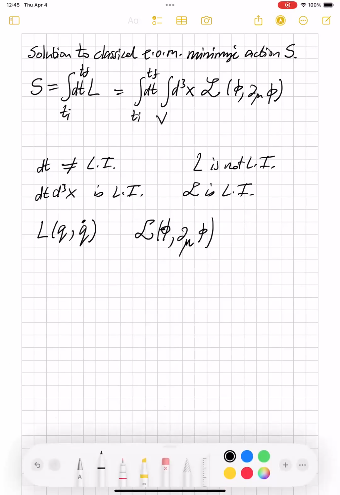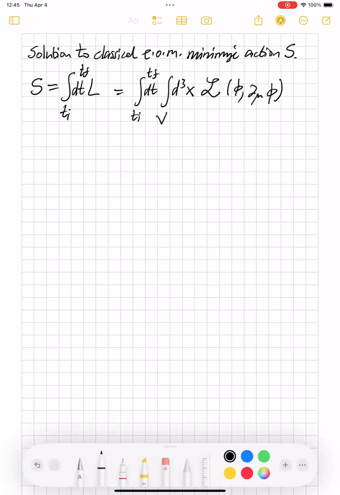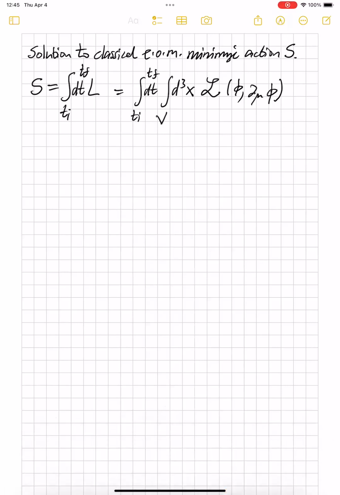Good. Okay, so now what do we do? Well, we are going to vary the field, and we're going to set the variation to 0. And the requirement that the variation of the action is 0 is going to give us our equations of motion. So we are going to vary.